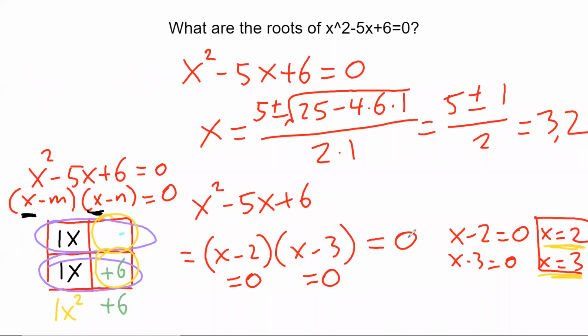So let's try different numbers here. And the two numbers that actually work are -2 and -3. Because if I expand x minus 2 times x minus 3, I'll get x squared minus 5x plus 6.